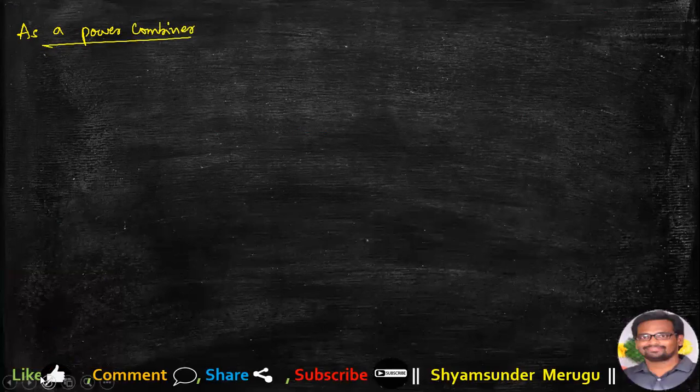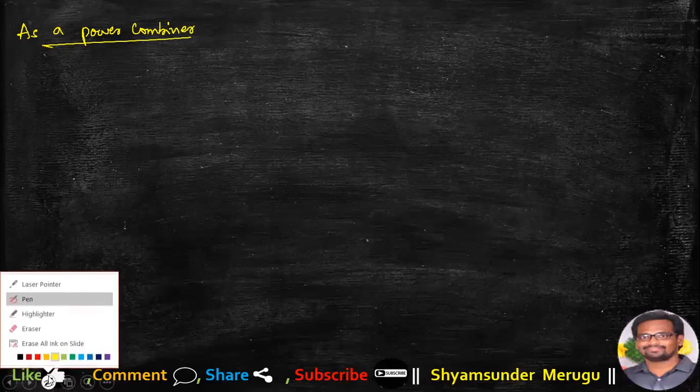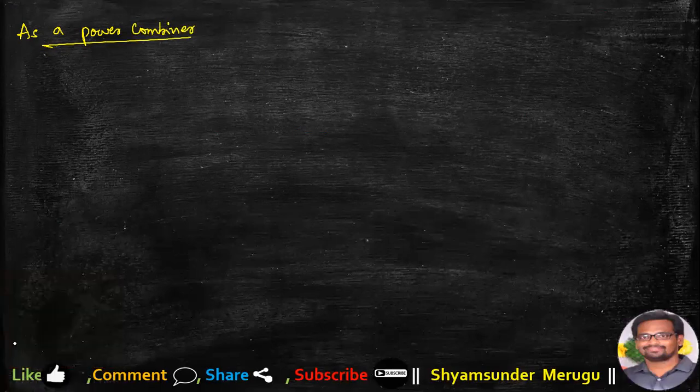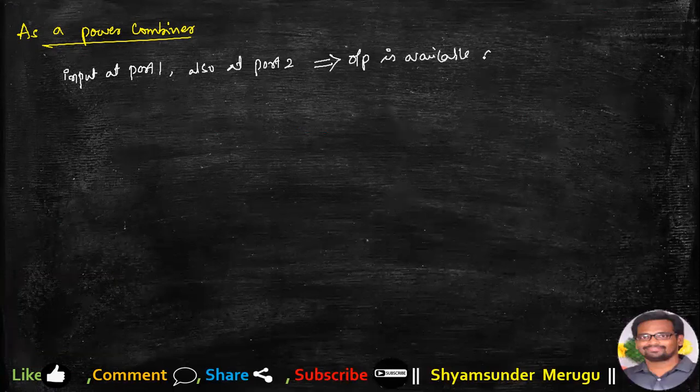Now let us see the power combiner. Coming to the power combiner, if we give the input at port 1 and also at port 2, then output is available at port 3, right?